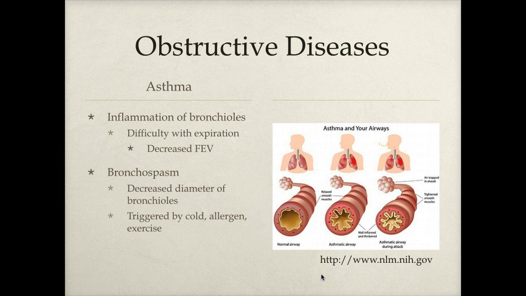We also talked about the forced expiratory volume and how that gives us important information about how quickly someone can exhale air from their lungs. And then we looked at the importance of surfactant in decreasing surface tension and helping keep our alveoli open. And then finally, we looked at emphysema and asthma, two obstructive diseases. They are often chronic. And both of these would give us most likely a decreased FEV over vital capacity ratio.